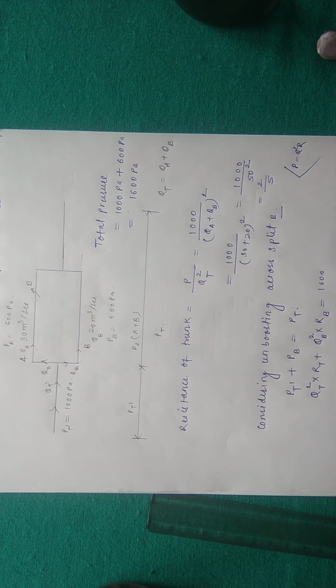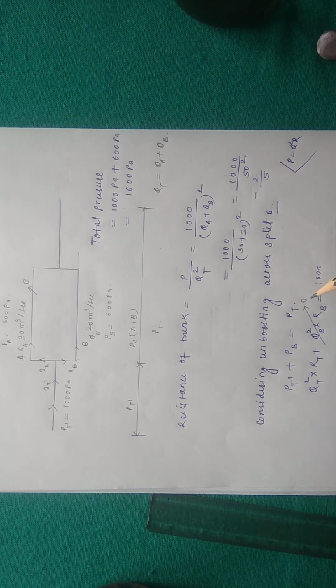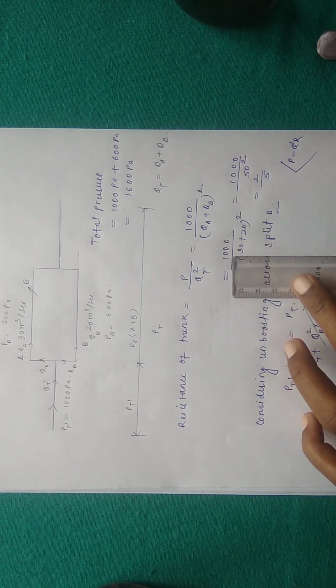If the booster fan is not allowing air, then the quantity will become 0 across split B, as there is a booster across split A. No quantity will pass through split B, and the whole pressure will become 0 across split B.